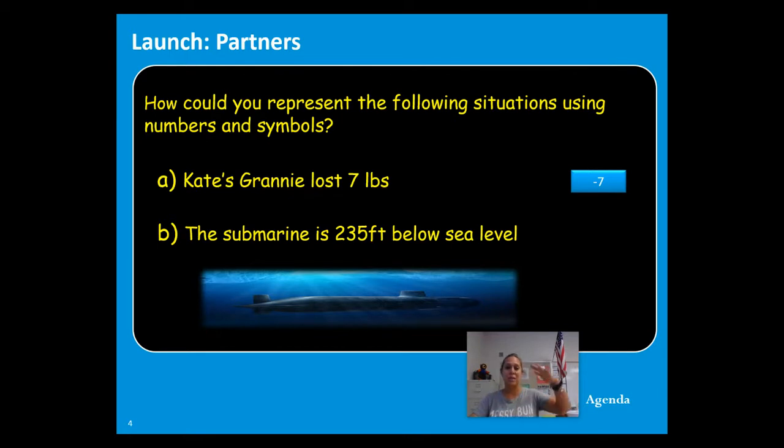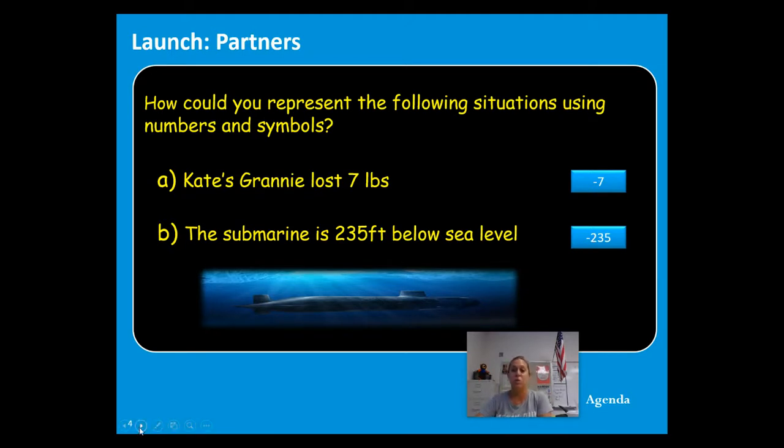When I think about this, I picture sea level here on the surface of the ocean, and I know submarines go underneath the surface. It says it's below sea level, so I'm at negative 235. That's the integer that represents that scenario.